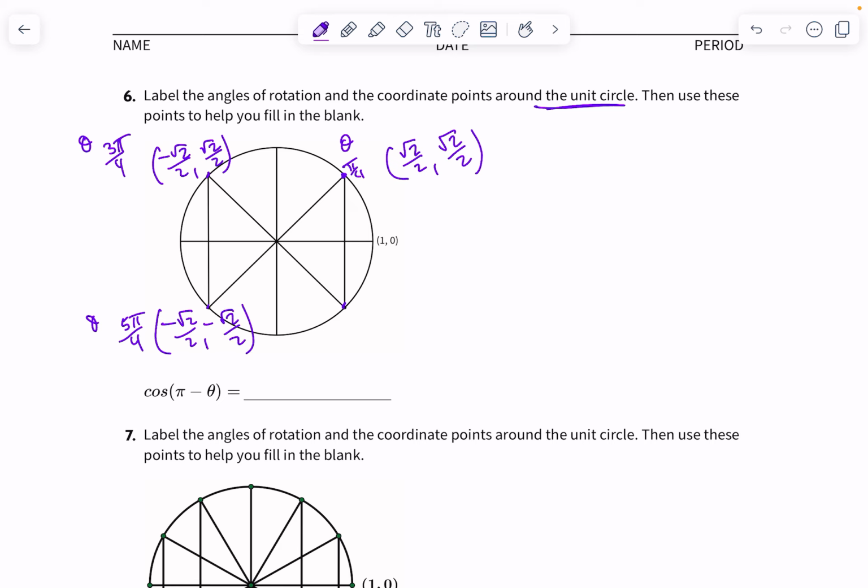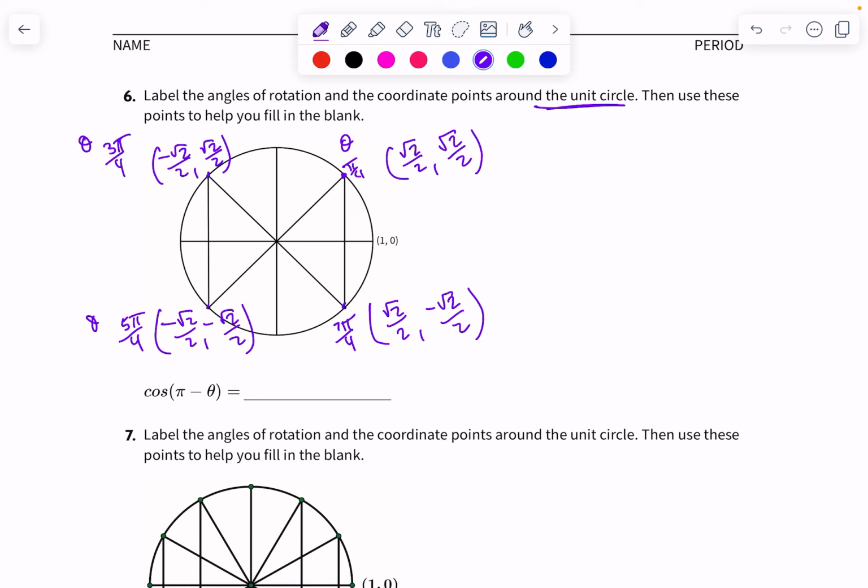And then last but not least, I am at 7 pi over 4 as my theta, and my point here is going to be square root 2 over 2, comma, negative square root 2 over 2.